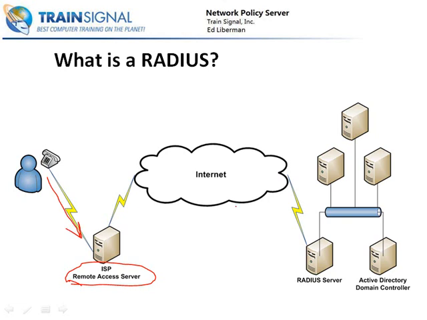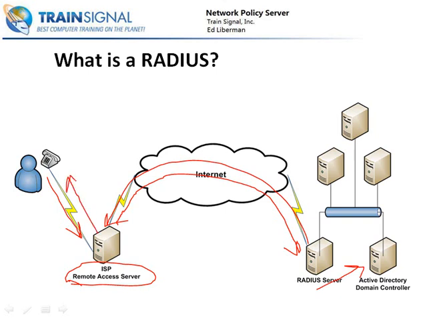So what we would have is a connection to the internet, and a relationship already set up so that as the user dialed into the remote access server at the ISP, that remote access server would then go across the internet and connect with the RADIUS server within our own local network, who would then authenticate the user via Active Directory, and also give the approval as to whether this user was allowed access or not, and send that back to the remote access server, who would then tell the user whether they were getting in or not.